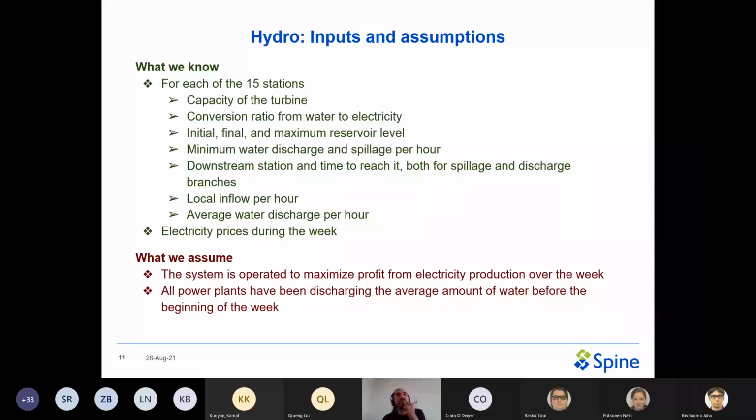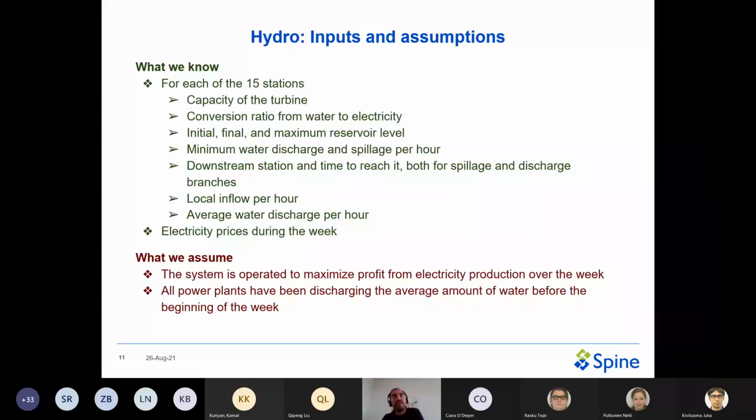We have some constraints on the minimum water discharge and spillage per hour that each power plant needs to respect. And of course, we know the topology of the river, so we know which is the downstream station for each one of the stations, which one is next in line, and how long it takes for the water to reach that station.